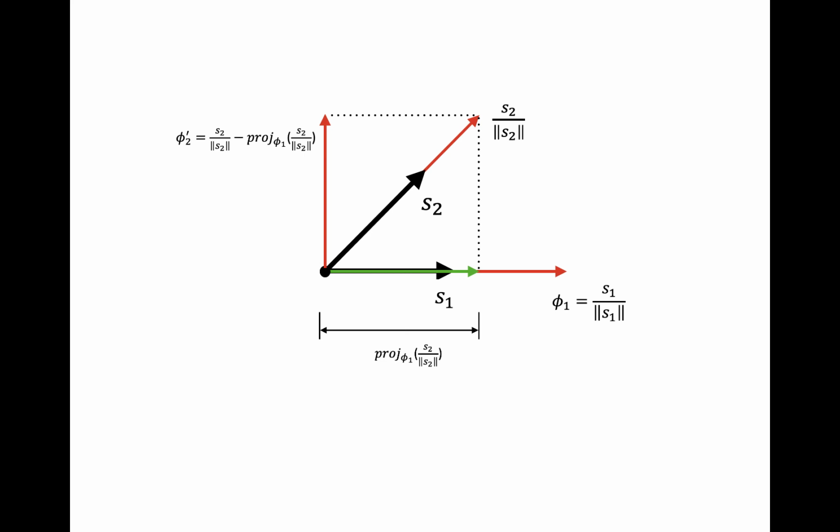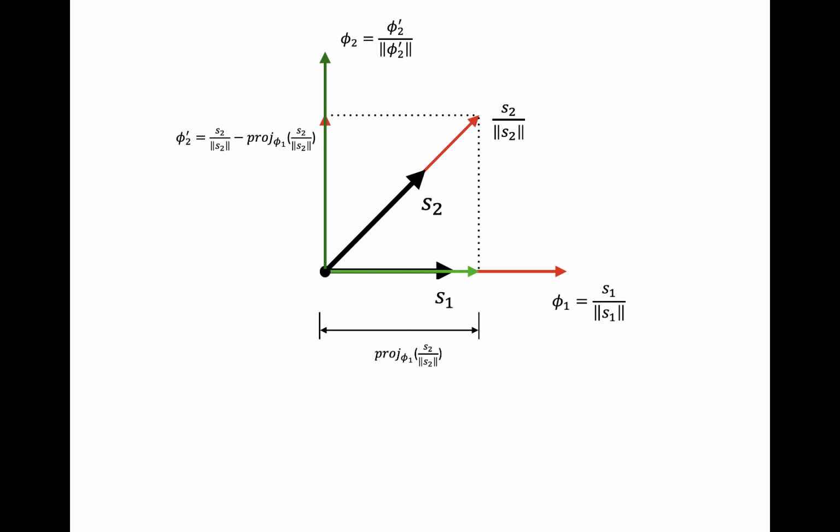Now the only step that is remaining is to normalize phi 2 dash by dividing it by its norm. So phi 2 dash divided by phi 2 dash's norm gives you the phi 2 direction. This is how the Gram-Schmidt procedure works for two signals S1 and S2.